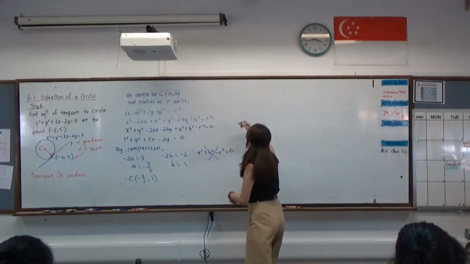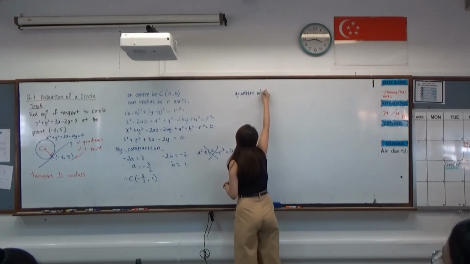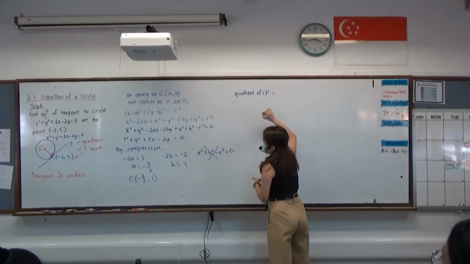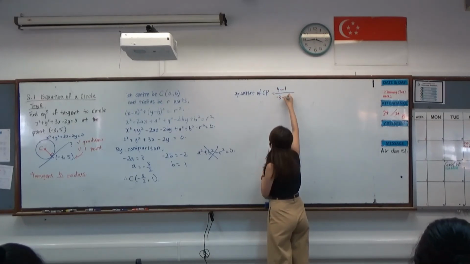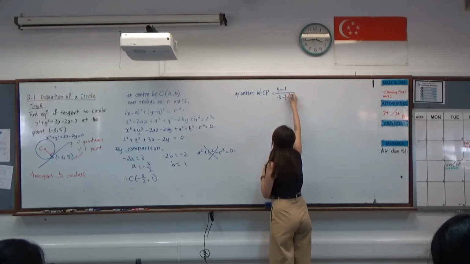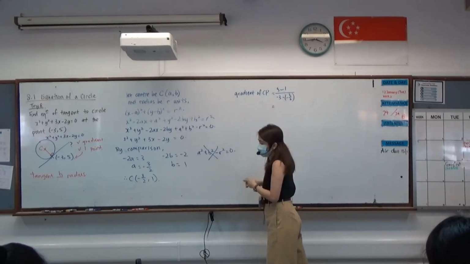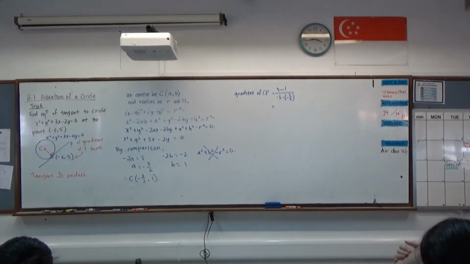Find the gradient of CP. That would be 5 minus 1 over negative 3 minus negative 3 over 2.